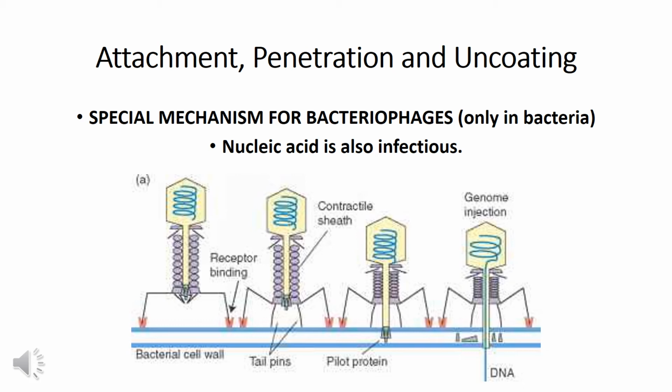You can observe in the diagram on the right side, when a bacteriophage attacks the bacterial cell wall, with the help of bacterial receptors and the tail of the virus, both come in contact.